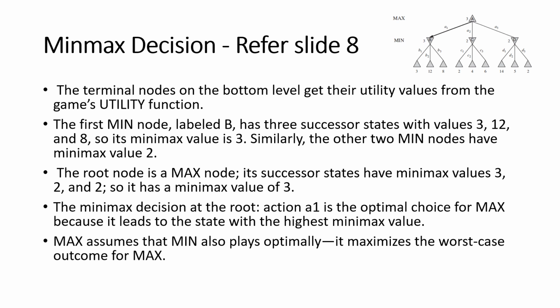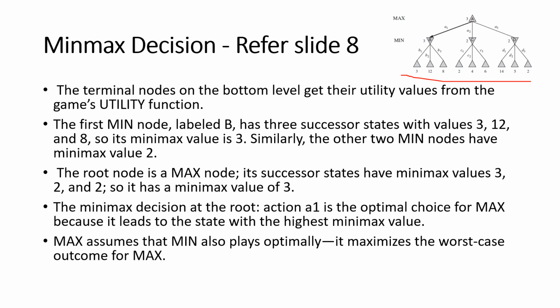So we have already seen this figure. We will explain with that figure. The decision is based on worst case analysis. So max assumes min is perfectly rational. Here we can see step one is to assign utility values. In the figure we can see the utility values for the terminal nodes.